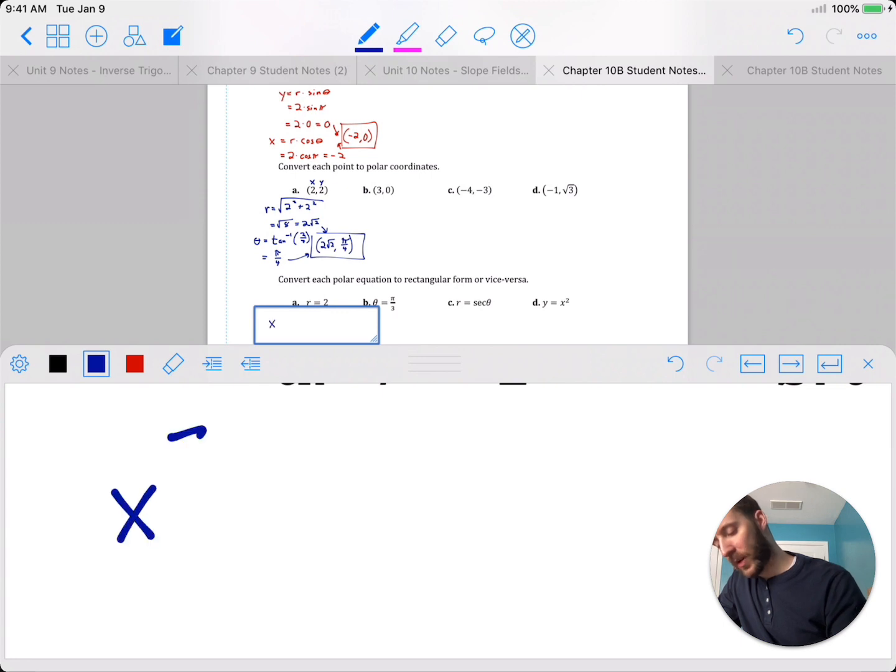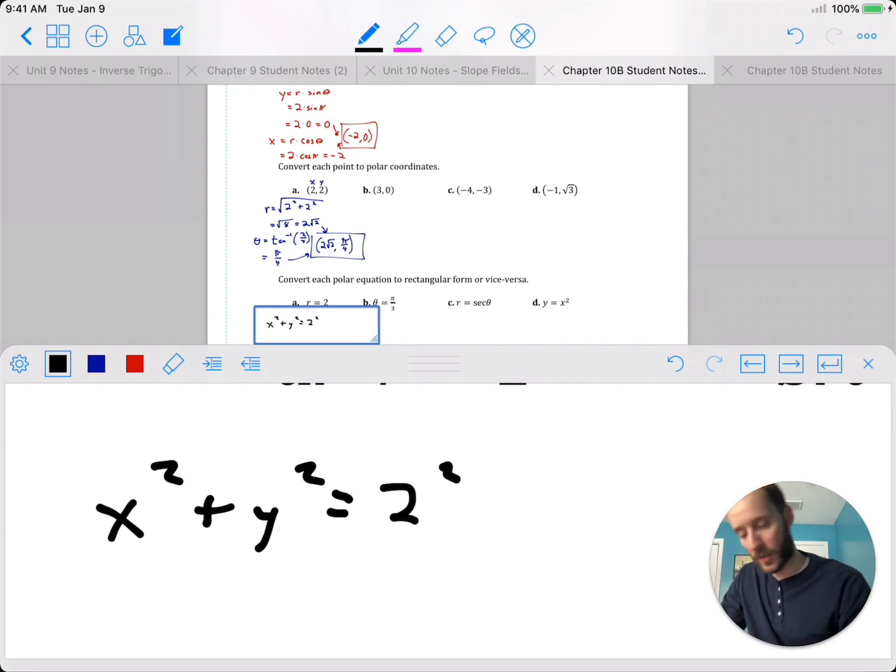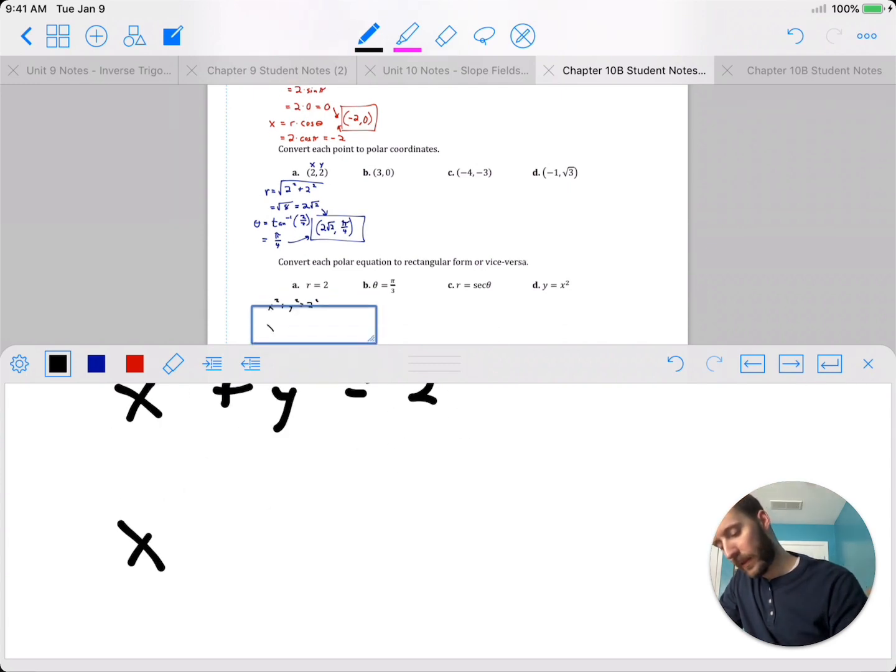So x squared plus y squared equals r squared, or 2 squared. So we have the equation of a circle, x squared plus y squared equals 4.